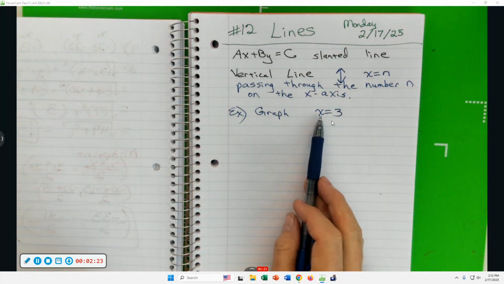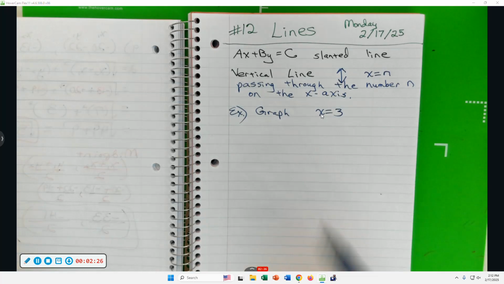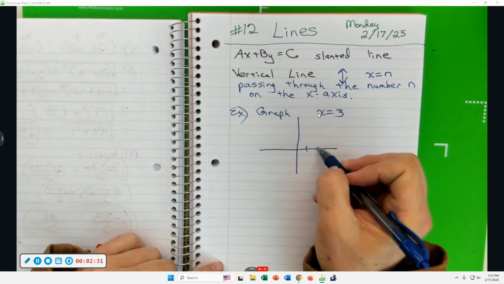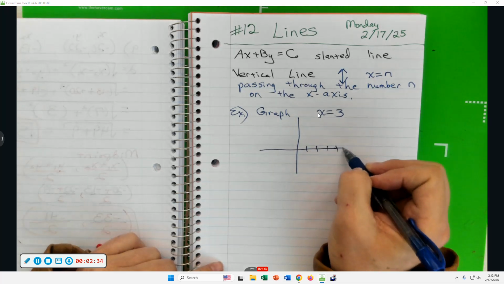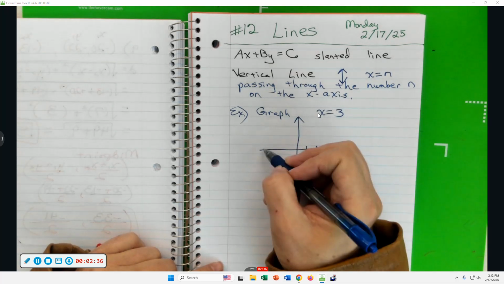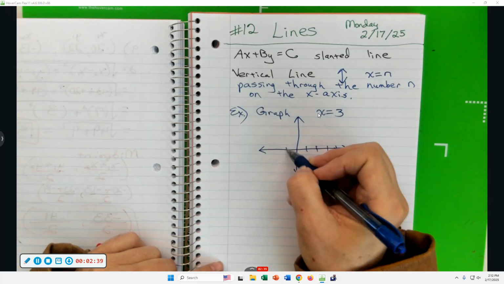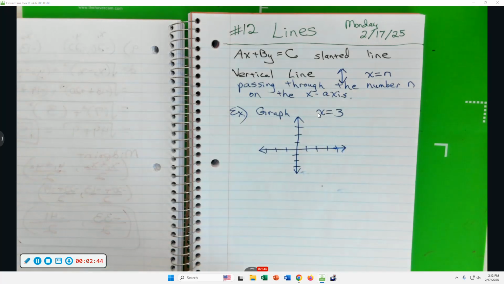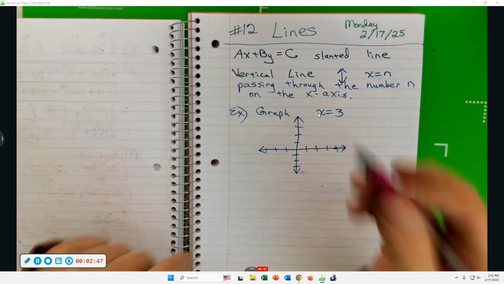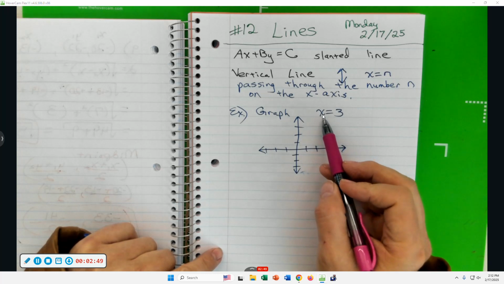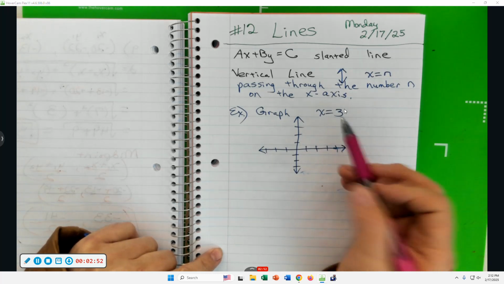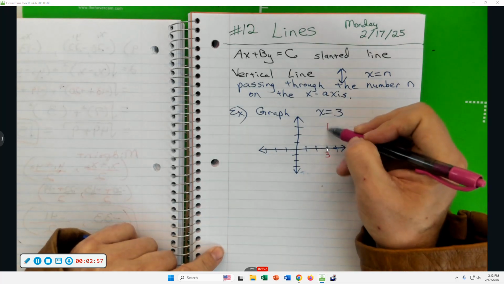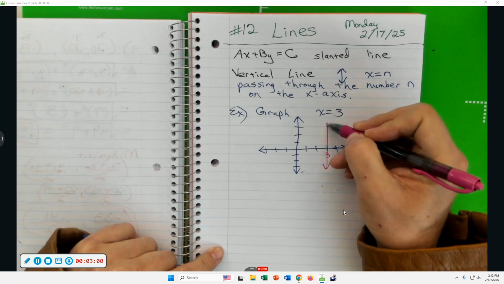You see that it has an x and no y, so you have a vertical line passing through the x-axis at the number 3. There's the number 3 on the x-axis. Draw yourself a vertical line.